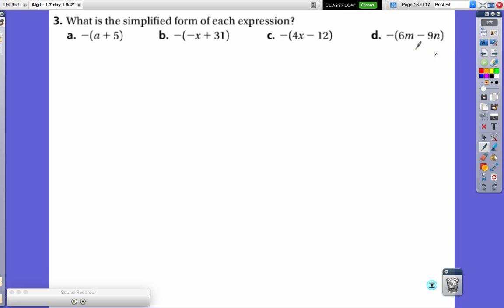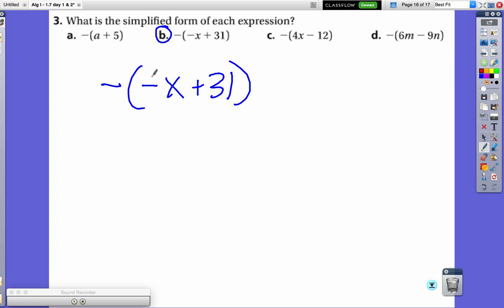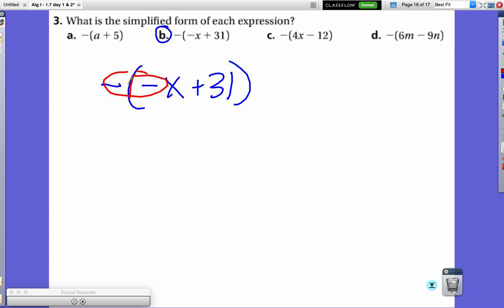Last problem today. Let's just pick one of these. Let's look at letter B. All right. Common mistake with this one. Students see that, hey, we have two negatives in a row. All right. So some students will look and go like this. All right. You cannot do this. Okay. This is not correct.